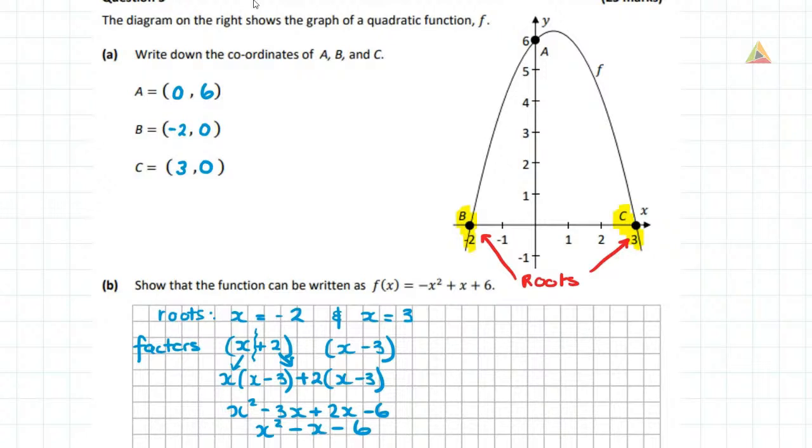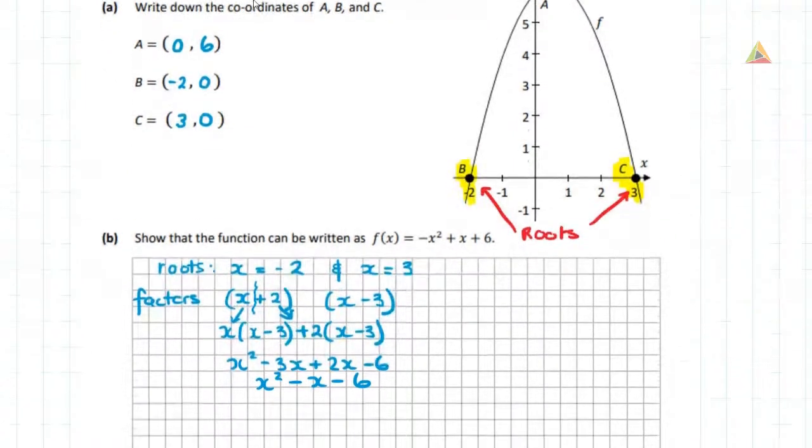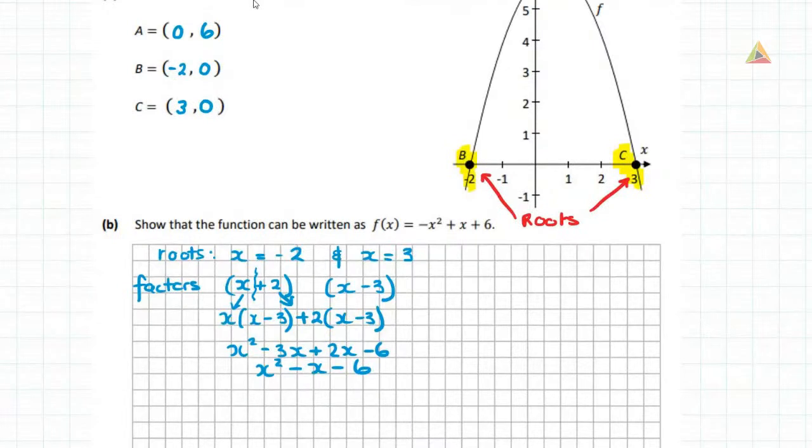Now, this isn't the function that we've been asked to show because I can see that we have a positive x squared here. So a positive x squared here, I know that this would be U-shaped. And the graph that we're given up here is N-shaped.